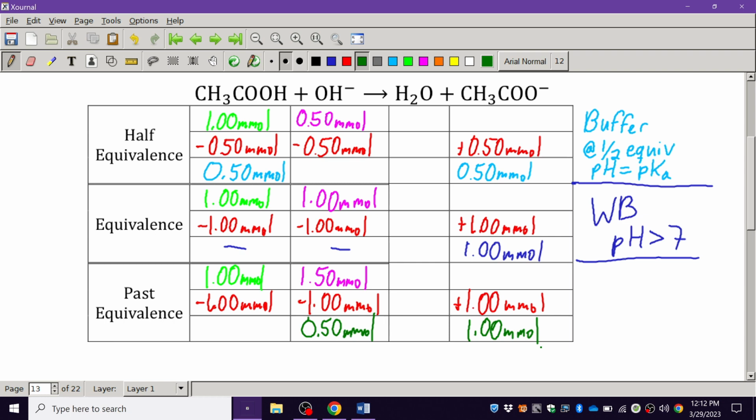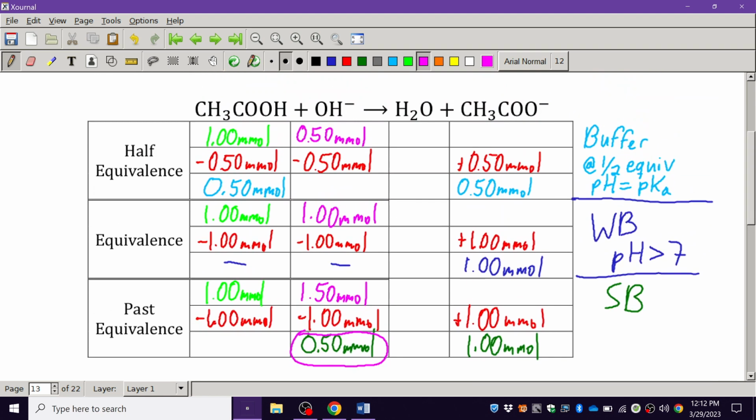Sorry? Yeah, H plus? OH minus, right? So what kind of solution is this? Yeah, it's a strong base. All right, so what that means is if we're going to calculate the pH of this solution, we're going to figure out what is the concentration of hydroxide ion in there, what's the pOH, and what's the pH. All right, so that's kind of your general roadmap of this titration curve.